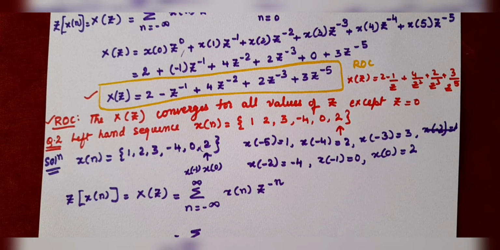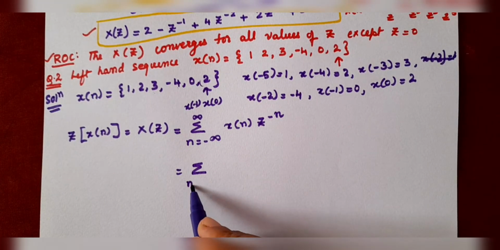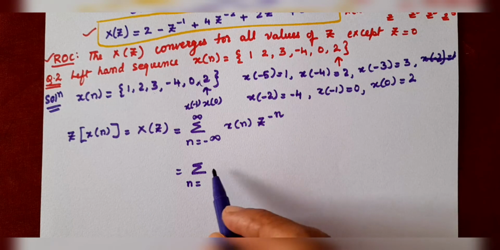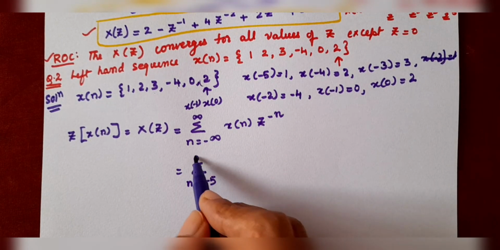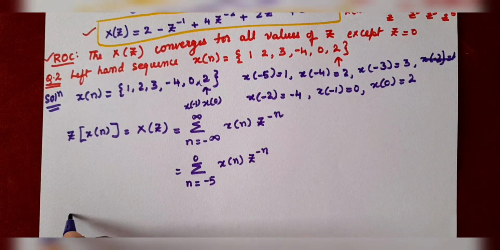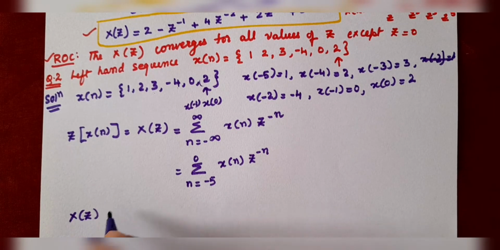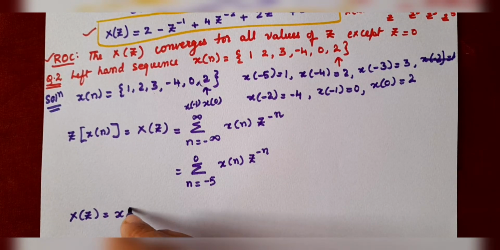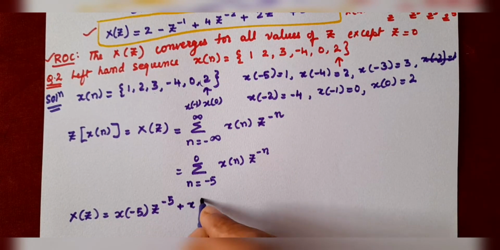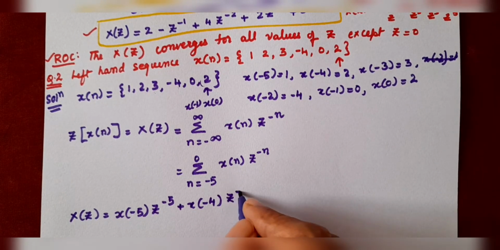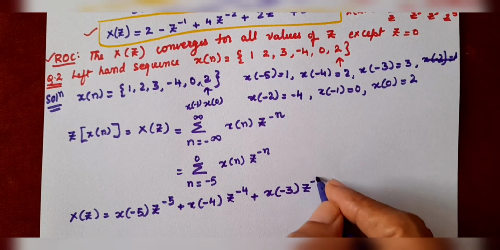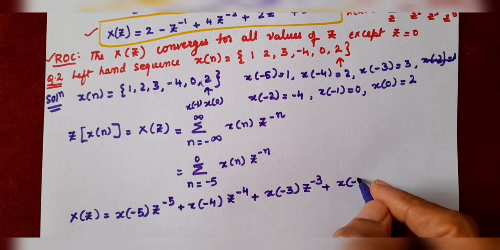So we can write the summation n is equal to minus 5 to 0 x of n z to the power of minus n, or we can simply write X of z is equal to x of minus 5 z to the power of minus 5 plus x of minus 4 z to the power of minus 4 plus x of minus 3 z to the power of minus 3, x of minus 2.